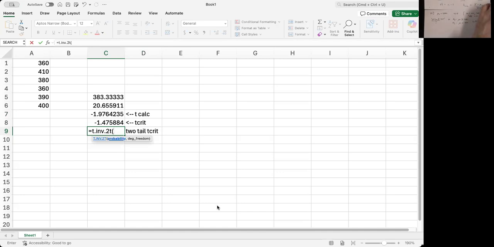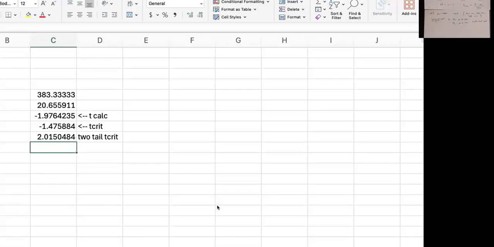Same numbers, 0.10, comma 5. First of all, this always spits out a positive number. But if I'm doing a two-tail, then there's a positive version and a negative version. Right? Because there'll be one on each side. What does that one tell us?